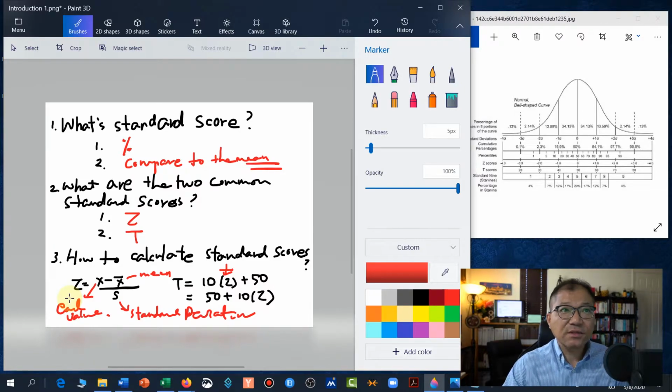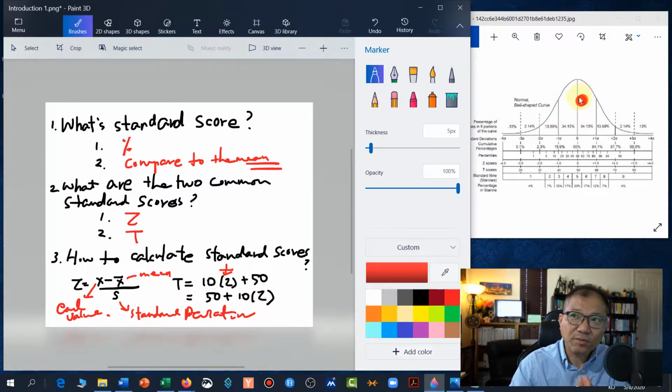What are standard scores? You need to standardize your score to see your percentile in the distribution right here. If your score is better than the mean, you are on the right side. What if your score is lower than the mean?